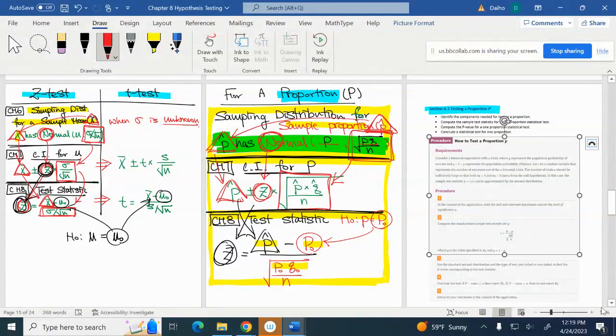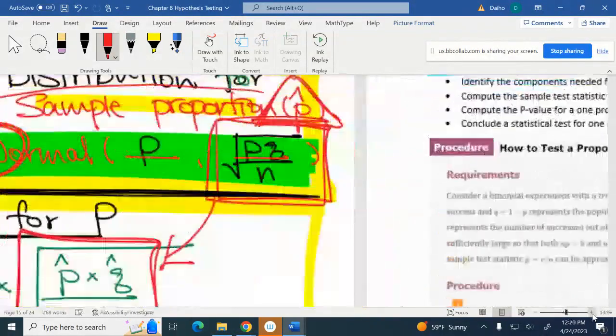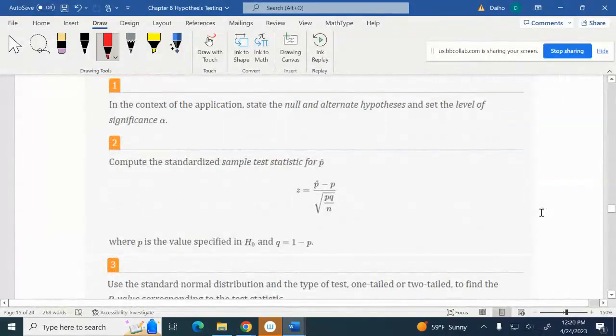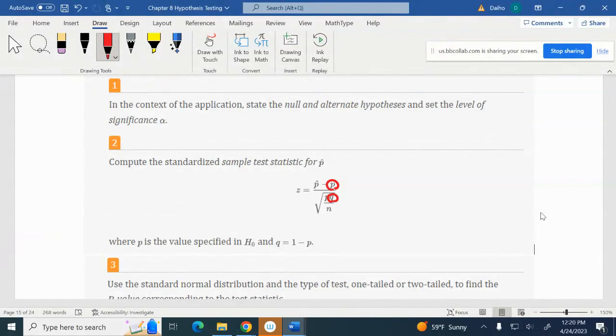Okay, so when I go to the textbook, just plug in the P and Q. Just P, just Q. But what did I say in the null? P is equal to P0.